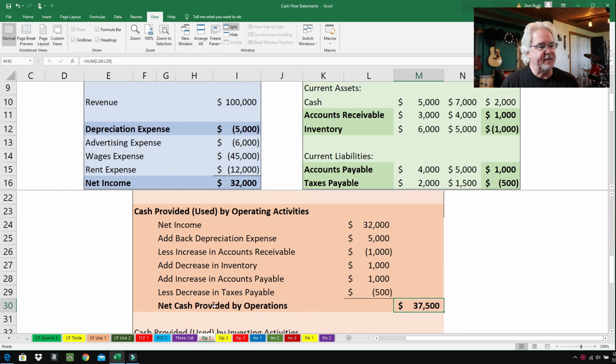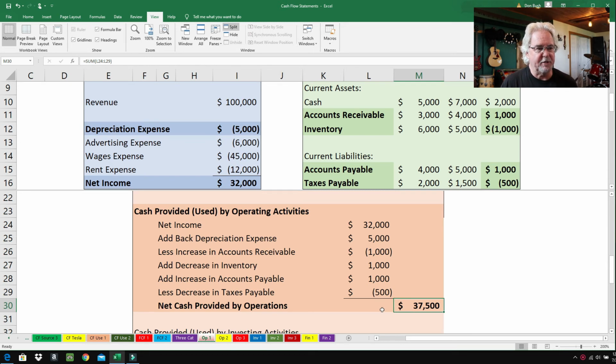And you can see here that the net cash provided by operations, $37,500, is a little bit different, not a whole lot, from net income. Now you would expect that net income and cash flow from operations to have a little bit of a correlation. At least I expect that. And in this case, we certainly do. So nothing strange and weird is going on.